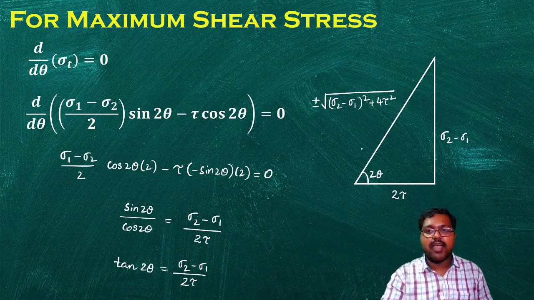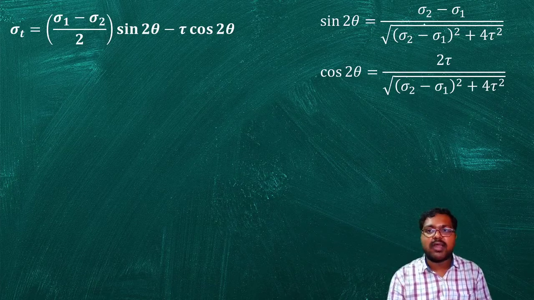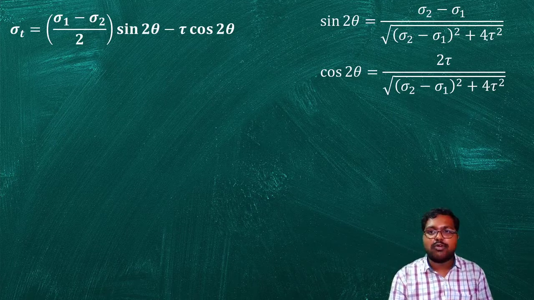So I'll get the values of sine 2 theta equal to (sigma 2 minus sigma 1) by under the root of (sigma 2 minus sigma 1) whole square plus 4 tau square, and cos 2 theta equal to 2 tau by under the root of (sigma 2 minus sigma 1) whole square plus 4 tau square.